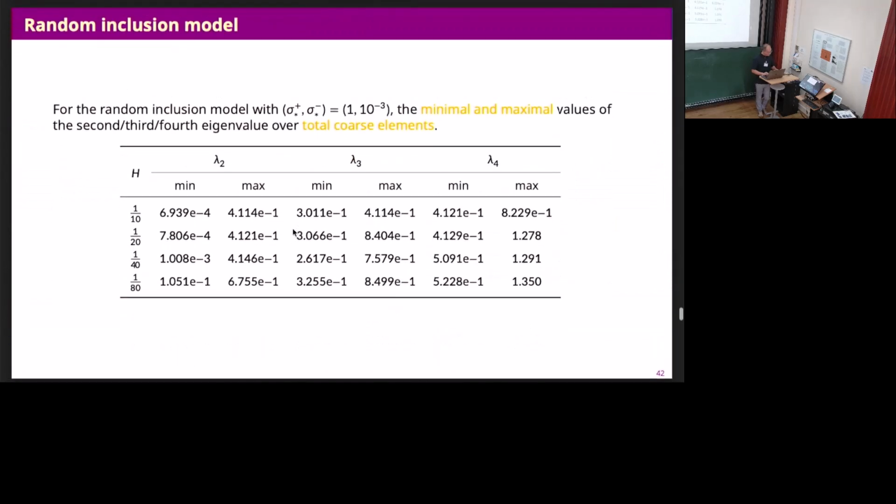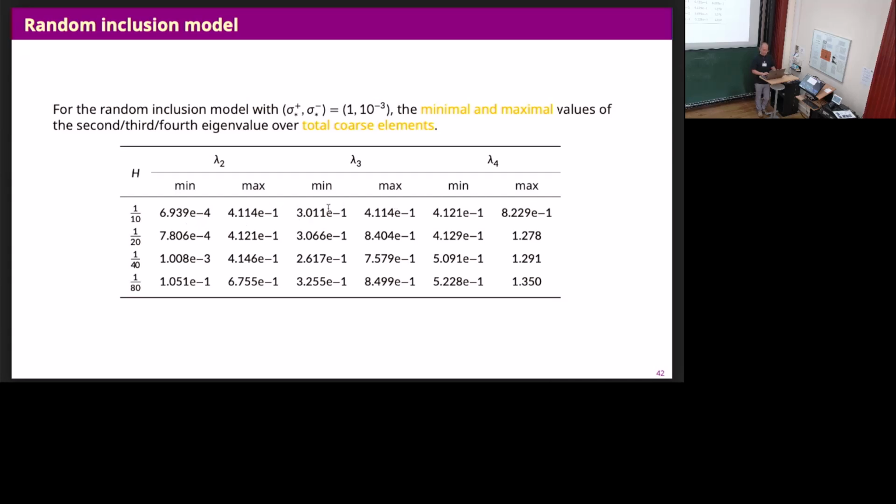And for this example, we also show the corresponding eigenvalues. So, for example, if you consider the case when h is 1 over 10, then you observe that the second eigenvalue is very small. This means that the second eigenfunction should also be included in the construction of the basis.